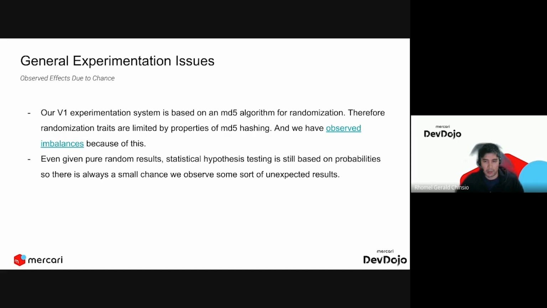So we couldn't find any issue with the implementation of the source code, or the clients, or the design of the experiment. Yet we noticed that one variant was receiving more users than anticipated.